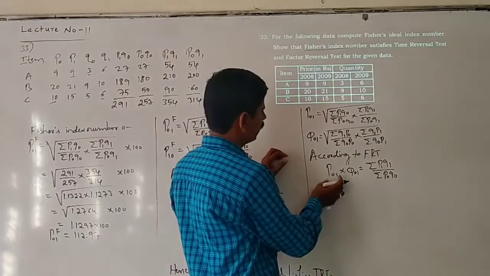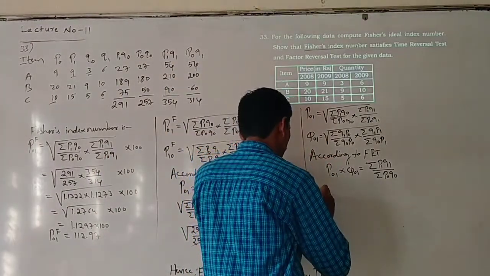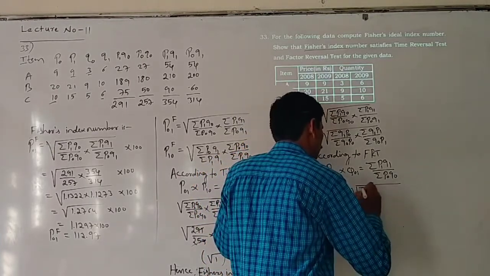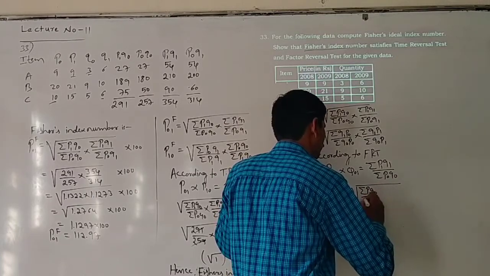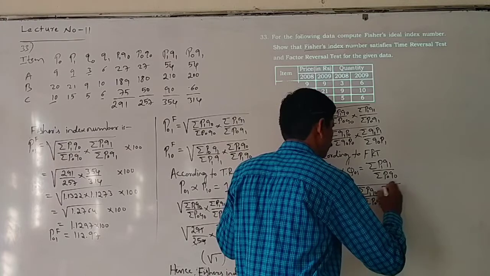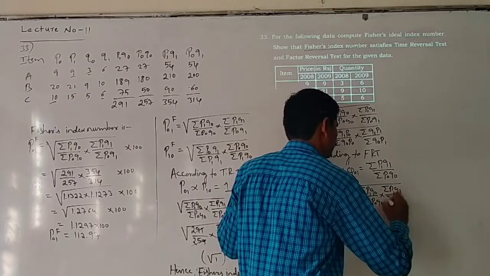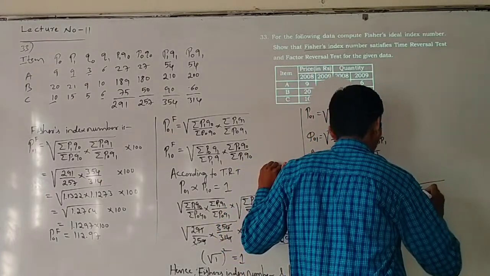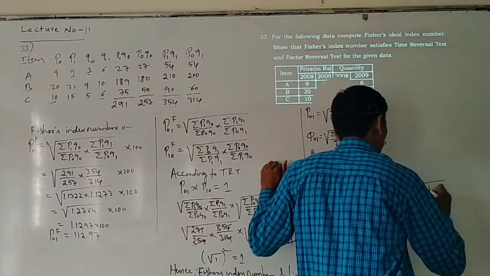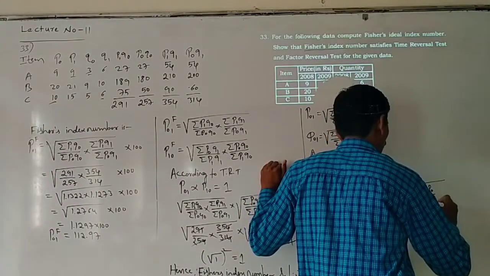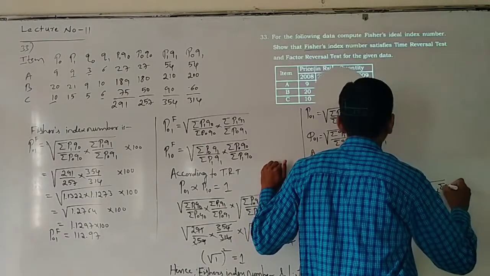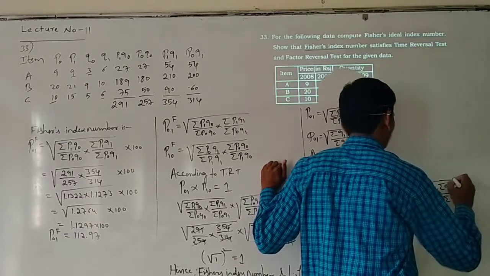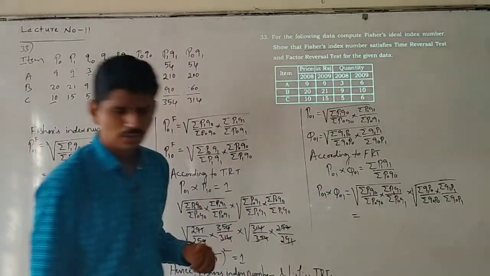Here, we have to substitute the formulas, that is P01 into Q01 equal to sum of P1 Q0 by sum of P0 Q0 into sum of P1 Q1 by sum of P0 Q1 into under root of sum of Q1 P0 by sum of Q0 P0 into sum of Q1 P1 by sum of Q0 P1. Okay, here we have substituted the formula.